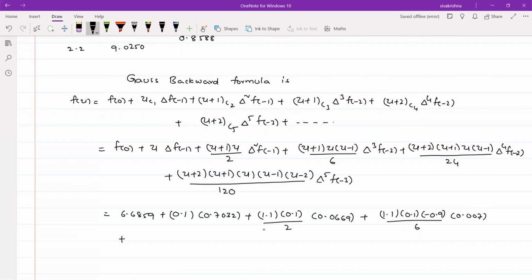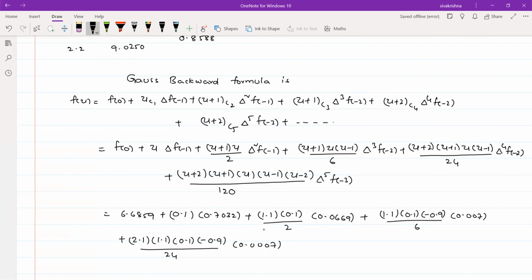that is u plus 2, so 2.1 into u plus 1, 1.1 into u, 0.1, u minus 1, minus 0.9, by 24 into delta power 4, that is 0.0007. Since we do not have delta power 5 f of minus 3, we need not write that particular term.